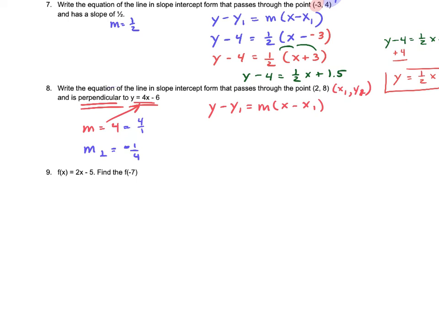And now we just substitute like we did in the previous problem. Y minus y1, that's my 8, equals m, but my m is this perpendicular slope, negative 1/4, x minus my x1, which is 2. And the rest is just cleanup work. So let's go ahead and distribute that. We'll have y minus 8 equals negative 1/4 x, and 1/4 of a 2 sounds like it's going to be a half.